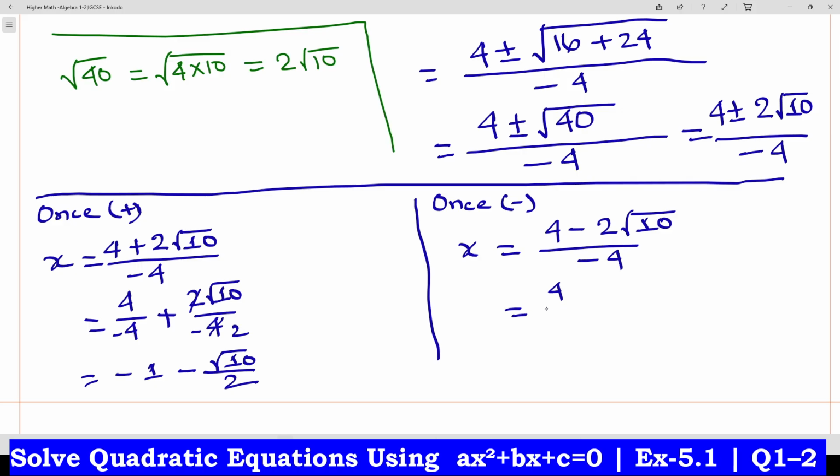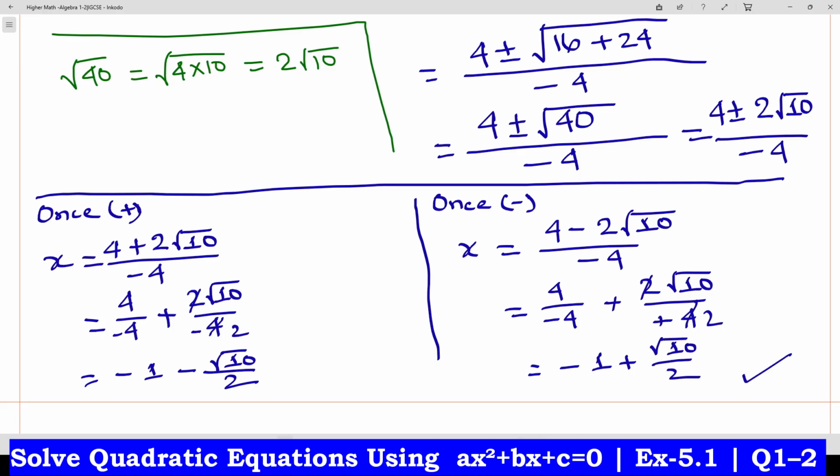So 4 divide minus 4 is minus 1, and here is minus 2 root 10 divide minus 4. So this minus and minus will become plus, right? So here is minus 1, and then plus 2 by 4 is 2. So root 10 by 2.